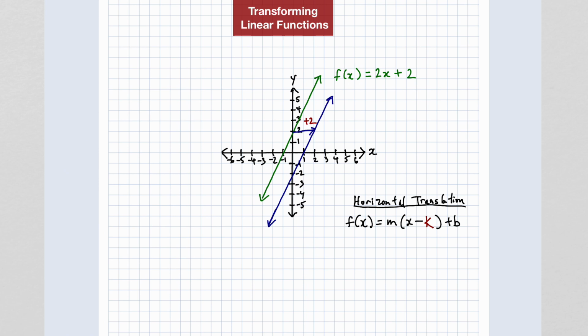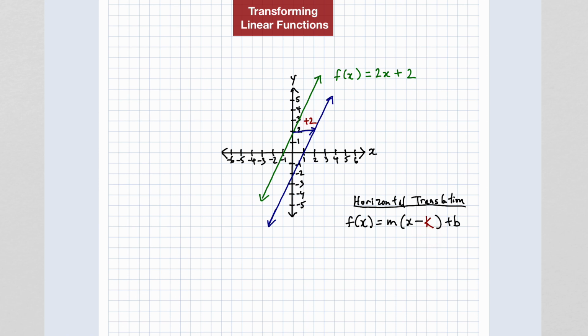Okay, so if we were to write the equation of this blue function, or this blue line, we would take this formula and enter all of the information from the green line, or the green function, f of x, and put in the slope and the y-intercept, and the only thing we would add new would be our k, which would be a positive 2.